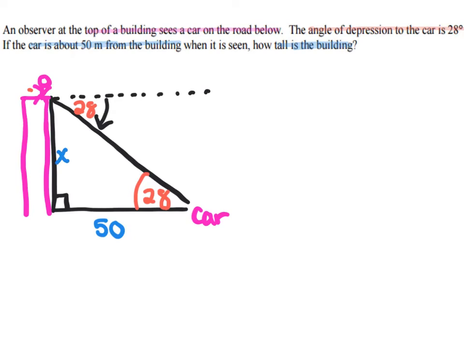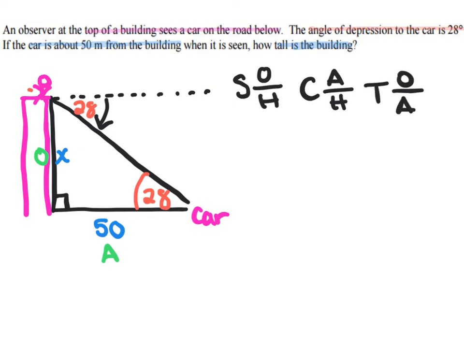Now we're setting up and solving like we normally would for any other problem. So if I label my sides, I have the hypotenuse, opposite, and adjacent. Since there's nothing on the hypotenuse, I can erase it. And now using SOHCAHTOA, since you have the opposite and adjacent, you have to use tangent.